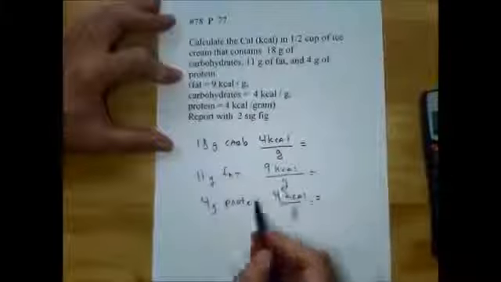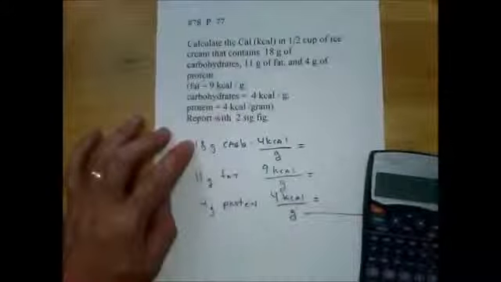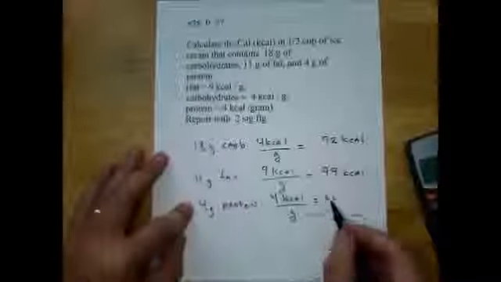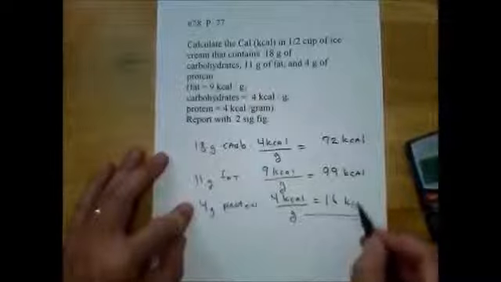And now we're going to multiply them all out, add them up, and so we got 18 times 4, and that is 72 kcals. We have 11 times 9, this is 99 kcals, and we have 4 times 4, that is 16 kcals.